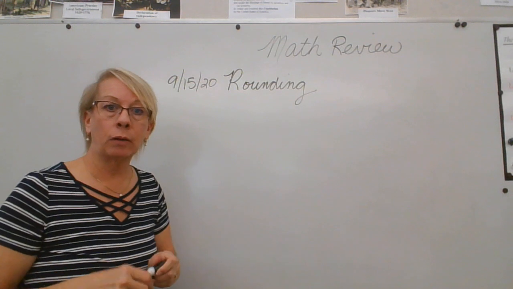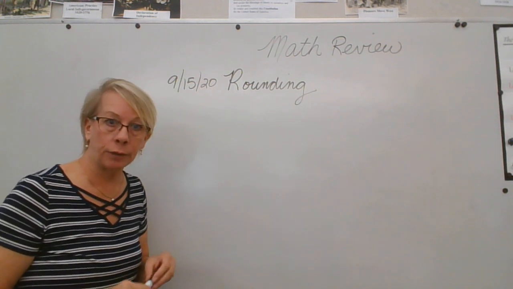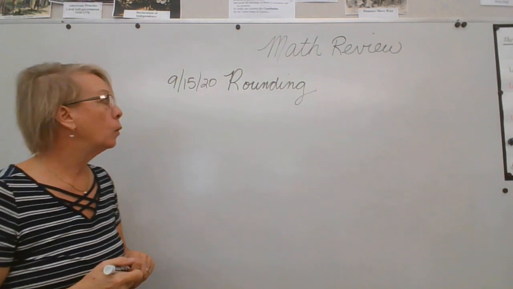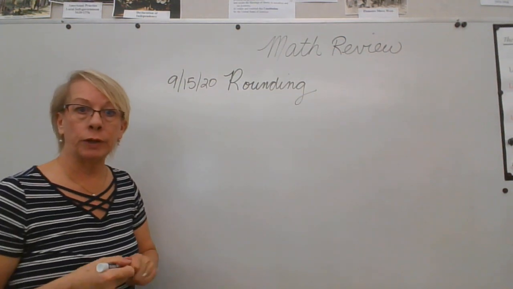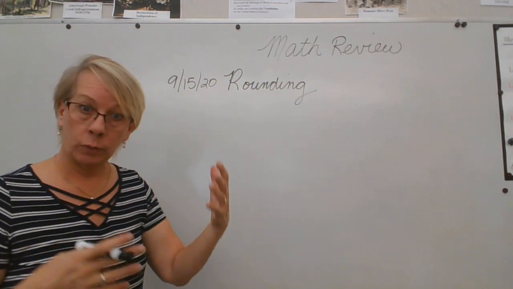So we're going to learn a little bit about rounding. Now that you understand place value a little bit better, we're going to talk about rounding off numbers to the nearest whatever place value.